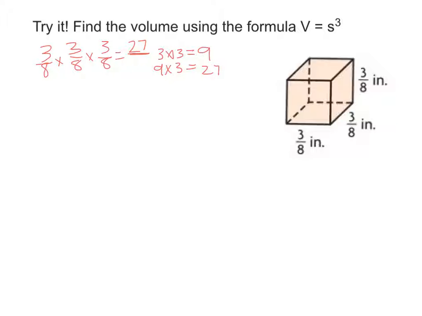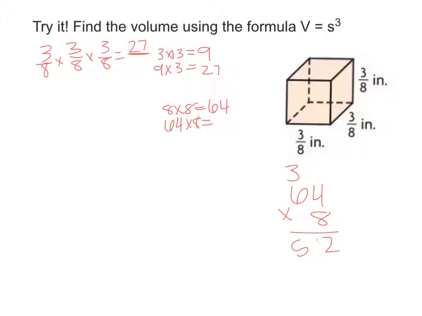Okay, now my denominator, I'm going to do 8 times 8. Fast fact gives me 64. Now 64 times 8 is not as fast of a fact, but I'm going to solve it over here. 64 times 8. 8 times 4 is 32. 6 times 8 is 48, 49, 50, 51. So 512.